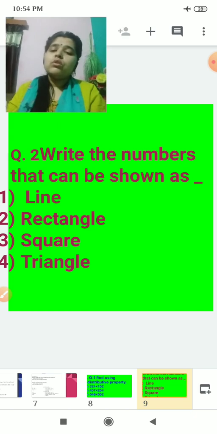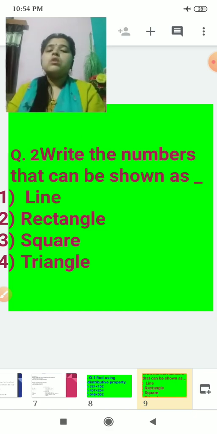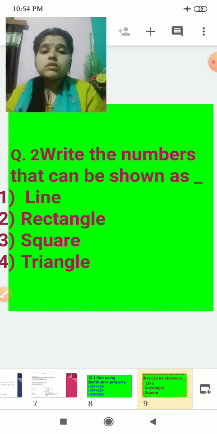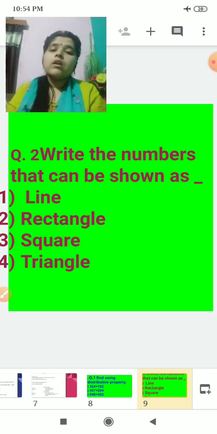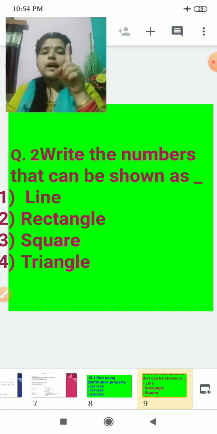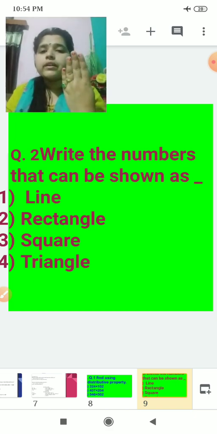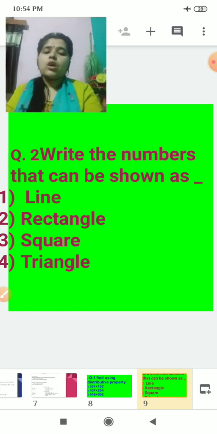You have to sit with your notebook, note down today's topic in your rough notebook and practice these questions. You will know how to show the whole numbers using pattern or dots, having the shapes like line, rectangle, square, triangle.